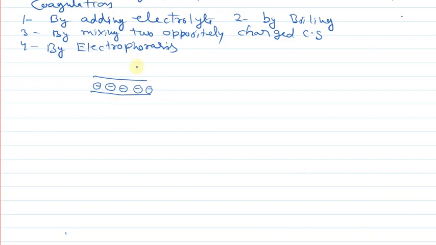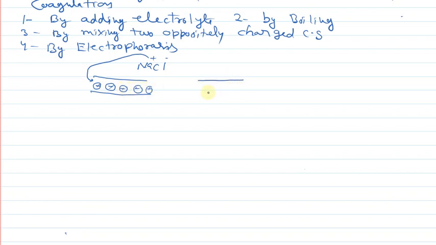If we add an electrolyte like NaCl, then what will happen? Positively charged Na plus comes close to these colloidal particles and makes them neutral.